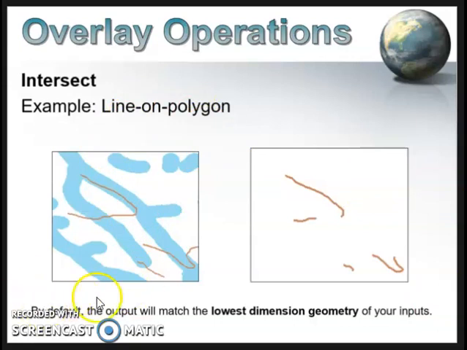By default, the output will match the lowest dimension geometry for your inputs. So basically that means your geometry for that stream buffer is going to be greater than the geometry for that line features. You have an area for that stream buffer, and then you have a length for the line features, and so ArcMap is going to default to the lines.